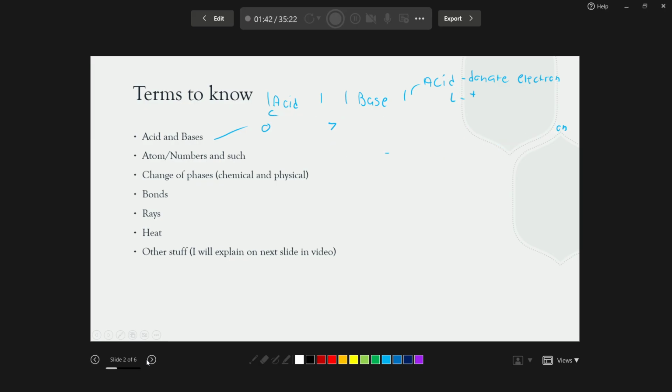So now we're going to talk about atoms, numbers, and the Lewis base structure, maybe even. The smallest particle of matter is an atom. There are 100 types of atoms, and these atoms are called elements.